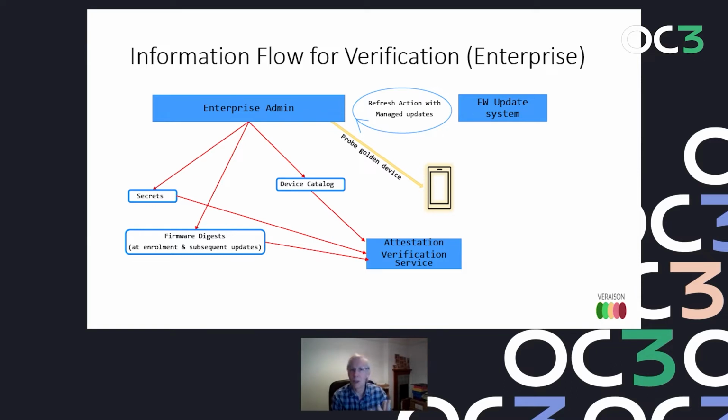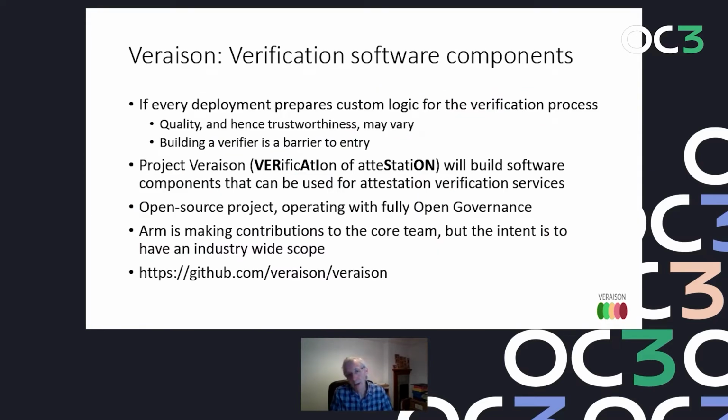So we last get to Project Veraison. Given all of this, the complexity I've been trying to outline, where you potentially have a lot of data sources and a lot of different types of hardware, technologies, and architectures that you are trying to include into a confidential compute service, if every deployment has to roll their own verification service, then you end up with something of variable quality, which means it's harder to trust the verifier.